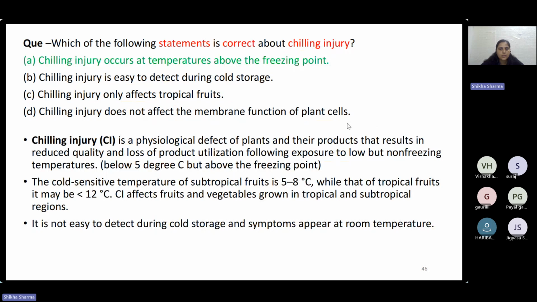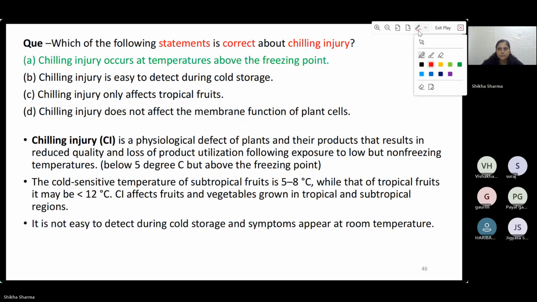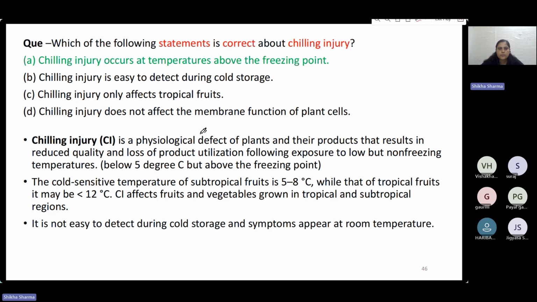Chilling injury occurs at temperature above the freezing point. Chilling injury is basically a physiological defect in plants, and because of it there is a reduction in quality and loss of product utilization, when the fruit is exposed to low but non-freezing temperatures, like 5 degrees Celsius, not the freezing point temperature.